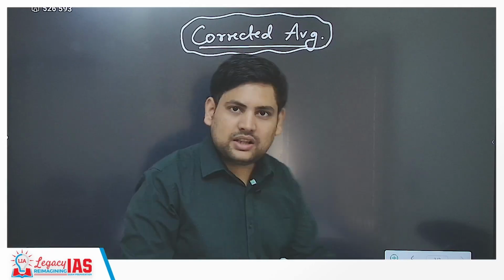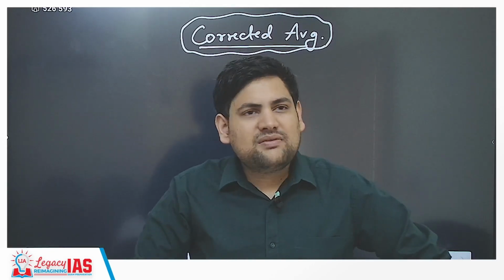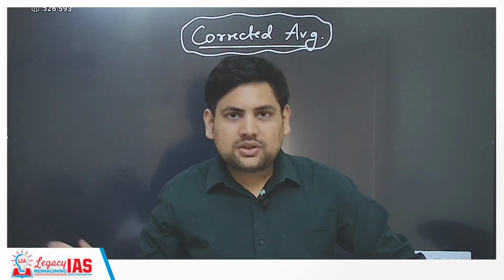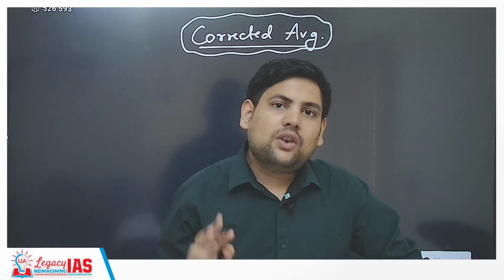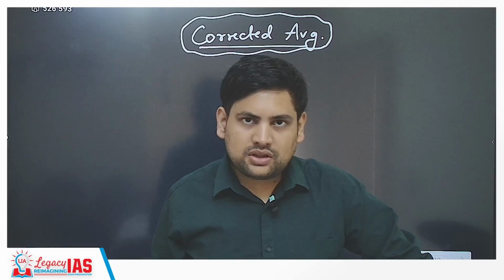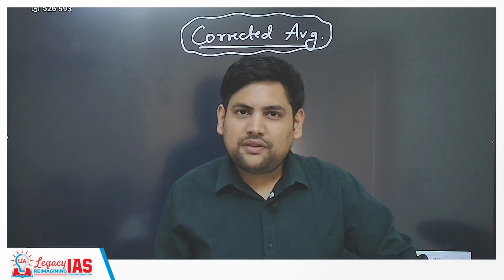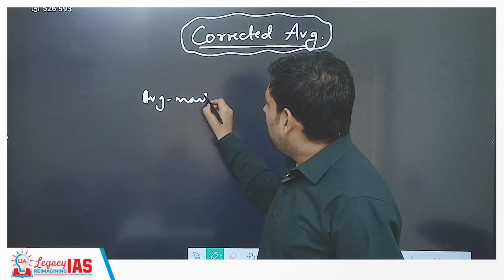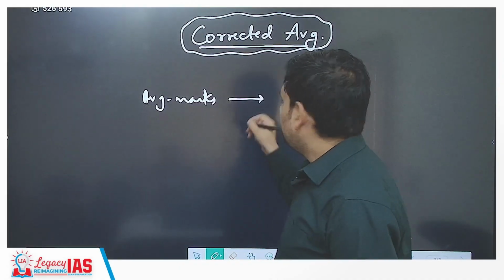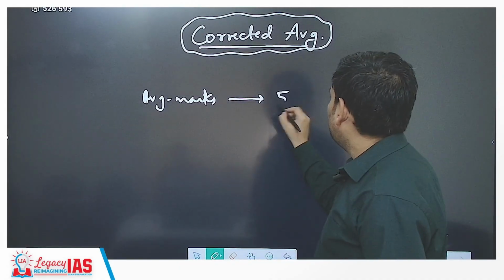Understand, there is a scenario in which, let's say, the marks of 10 students are recorded. They have different marks. Now the average marks is calculated for those 10 students, and let's say the average came out to be 50.